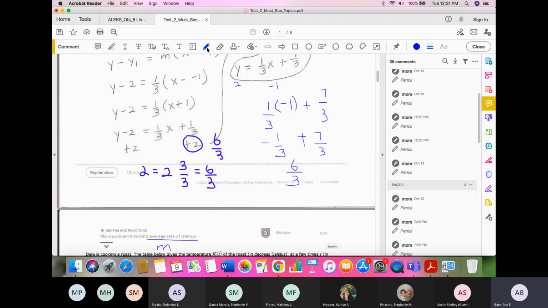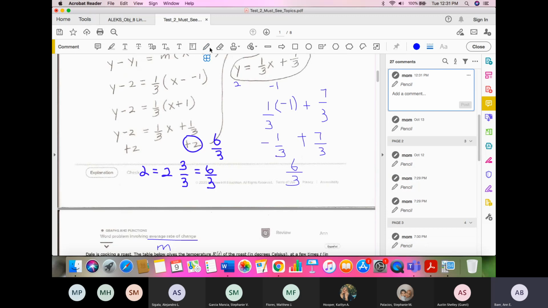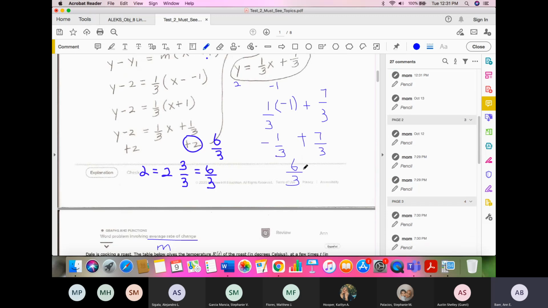So 2 equals 2 is a true statement, and we've checked one of our ordered pairs to ensure that we got the correct equation. Any questions on that? So that's another way to check.